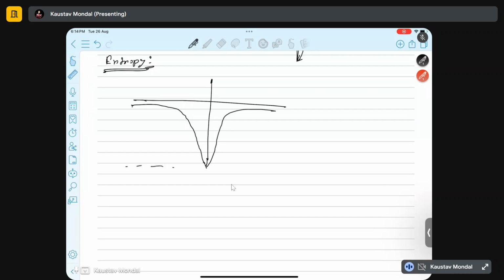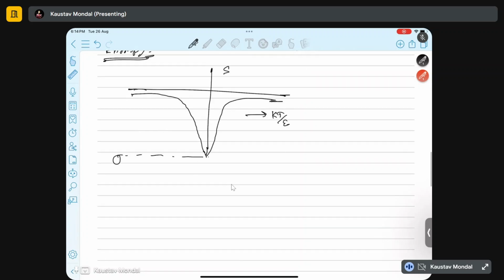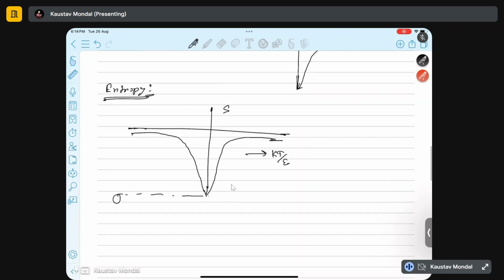This is S, and this is kT by epsilon. As you can see, this entropy is continuous.